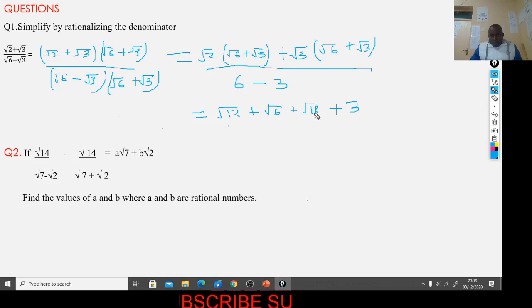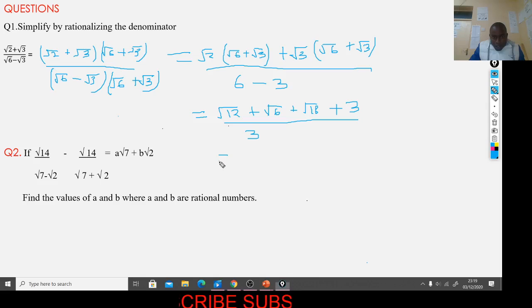Remember this one, if you simplify this, can you simplify? Yes, 4 times 3, all over 3.